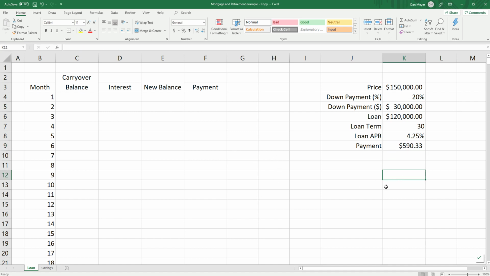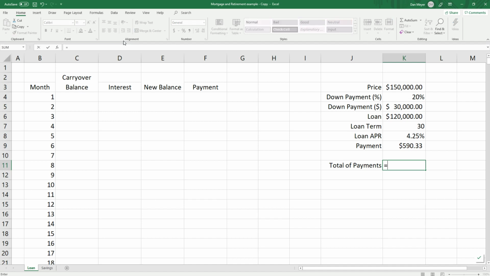But anyways, now, if we wanted to know the total of all of our payments, I'm not going to name this cell because I'm not going to use it.